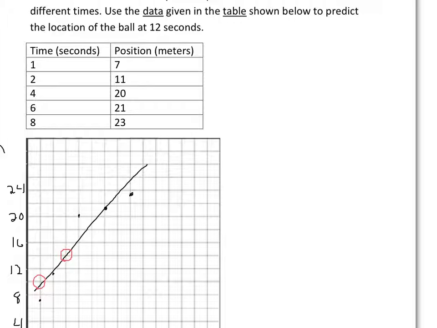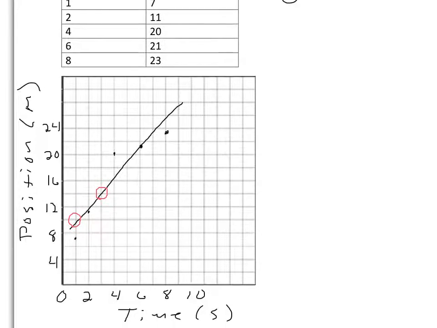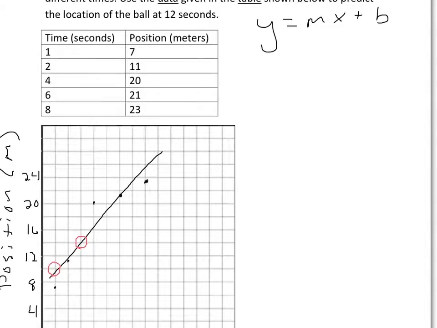Now I'm going to make an equation from those 2 points. So we've done a lot of work in previous sections making equations using the slope-intercept form of a line. Y equals mx plus b. So let's go back and look at my 2 points. I picked 1, 7.